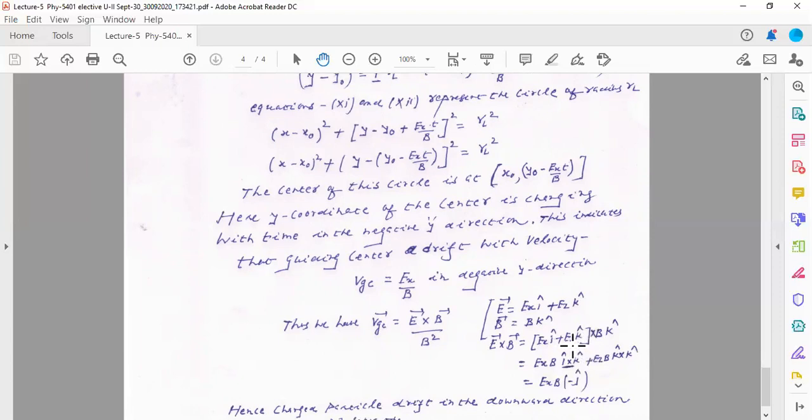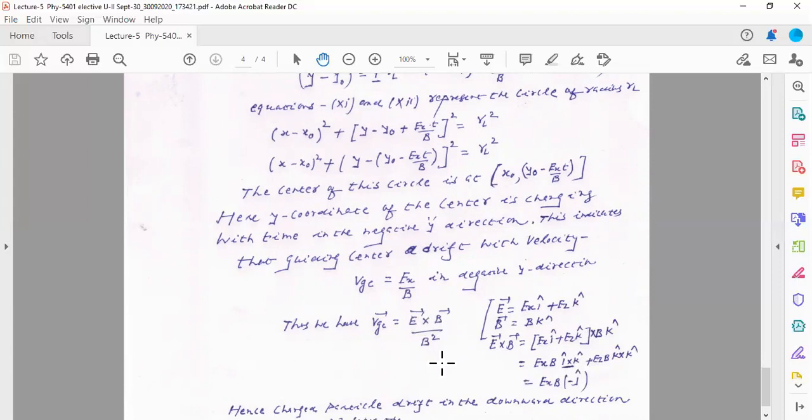And for the E_z B term, k cross k is 0, because theta is 0. So this factor vanishes. The only term contributing is i cross k, which is minus j. So E cross B is E_x B in the minus j direction, over B squared.